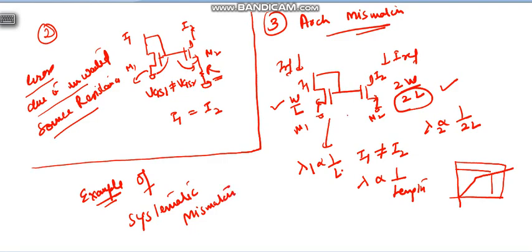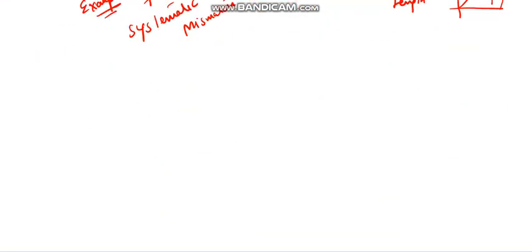To avoid this kind of mismatch, we should take the same geometry for these two devices. Now suppose you want to replicate, say, 2 IREF current.